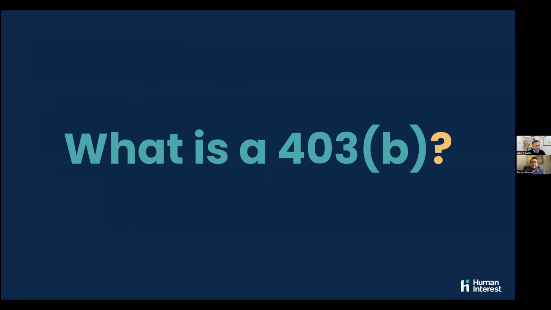So first and foremost, Mark, what is the 403B? Yeah, thank you, Aaron, and great question. And 403B, and you'll see a lot of other numbers and letters coming through this. What those mean are they are just referring to the particular section of the Internal Revenue Code that defines the particular plan.